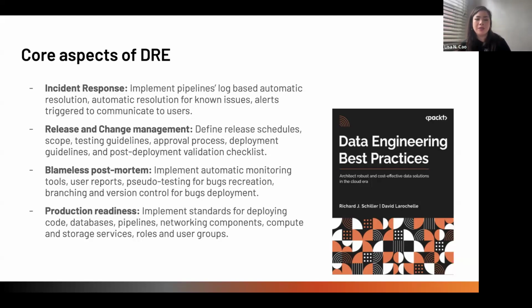It's called Data Engineering Best Practices. Very dense, very high level, deep technical book. I would not say it's for a beginner, but if you already have a platform in place, if you already have a mature stack, this is a really good place to get started and provide value to your organization immediately, I would say.